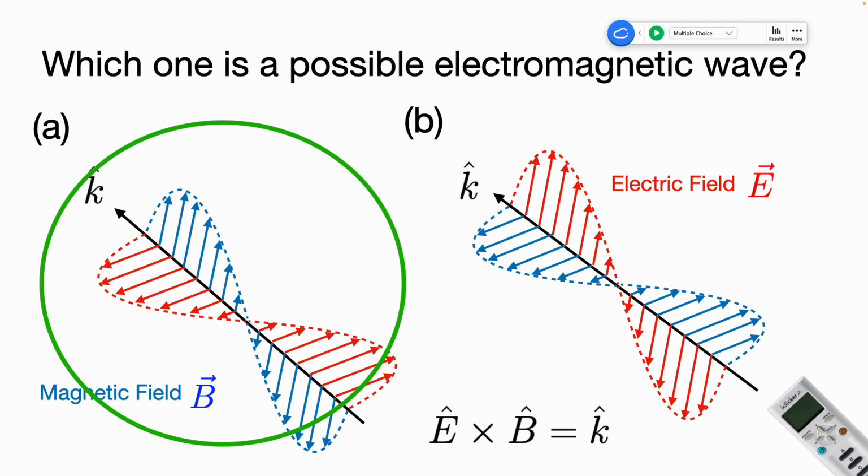So then my thumb will go backward. Good. If you do the lower set, you'll see now E goes down and B goes into the screen. So if you do the right hand rule on the lower side, E cross B still gives you the same result. Good. Any other question? Right hand rule, very important.